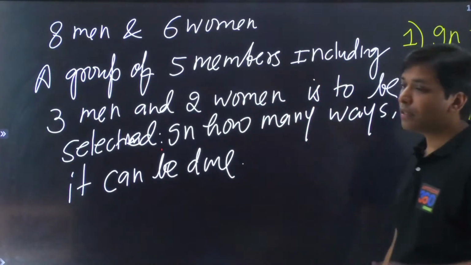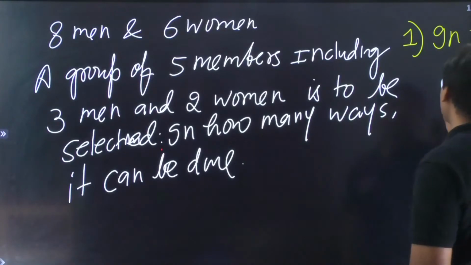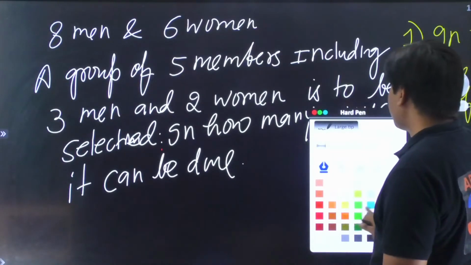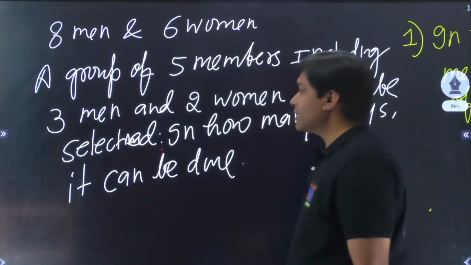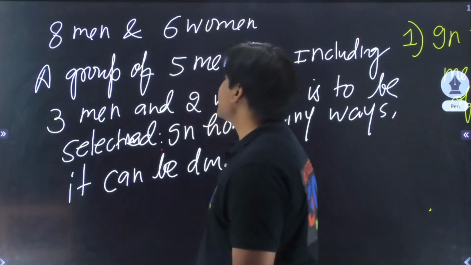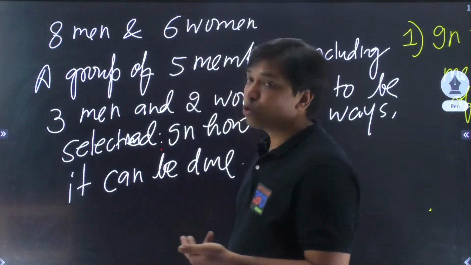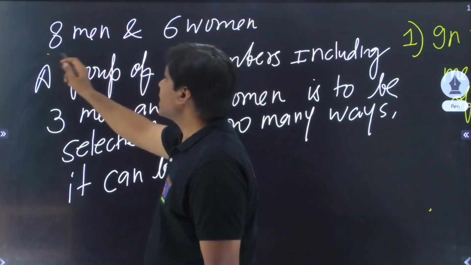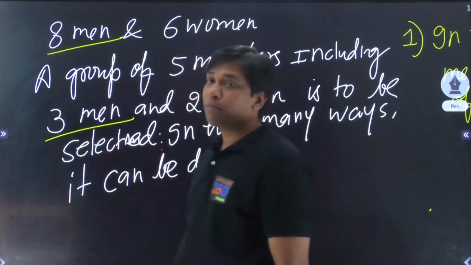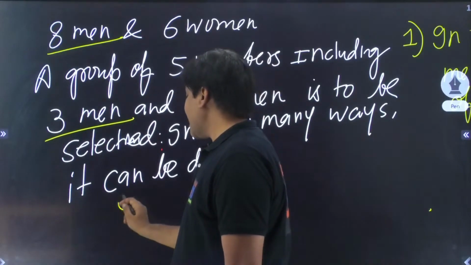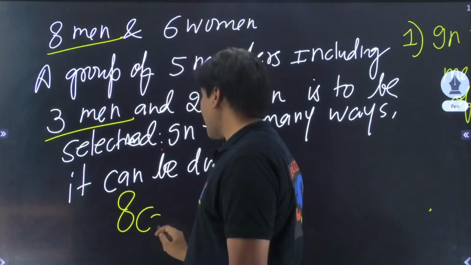Simple. I'm saying that 8 men and 6 women are there. You have to select 3 men and 2 women. So don't you think that you have to select 3 men out of 8 men? In how many ways we can select 3 men out of 8 men?